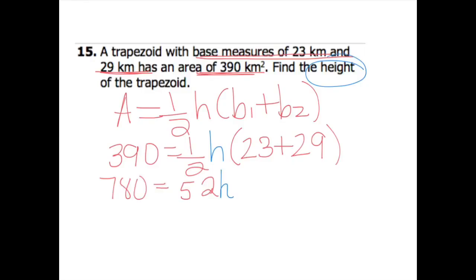Let's see. All right, I've decided to go with multiplying both sides by 2 and we get 780 is equal to 52h. Let's divide both sides by 52 to find out what the height is. And the height is 15 kilometers.